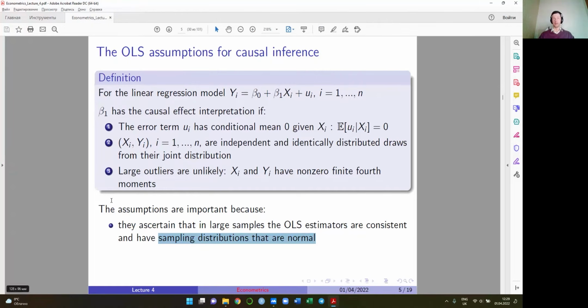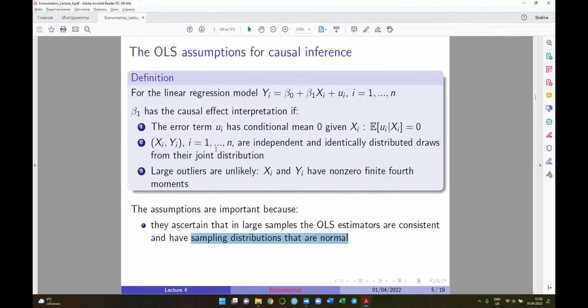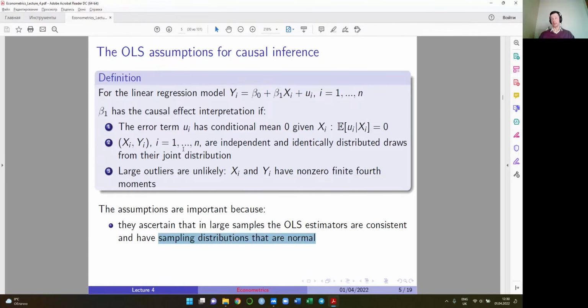So that's why we should care about these assumptions, because it gives us an opportunity to apply all the familiar things about hypothesis tests and about confidence intervals.